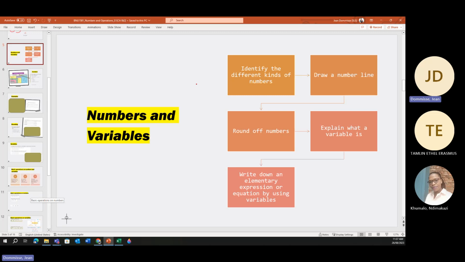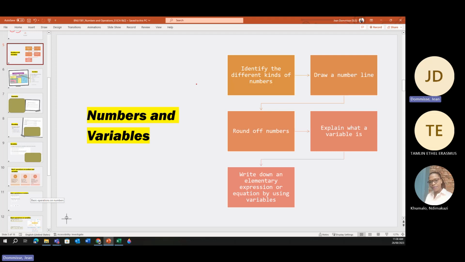What we're looking at under numbers and variables is a few things. We will need to identify the different kinds of numbers. On that, they might ask you a few things. We will look at drawing a timeline or number line. Again, just important, in the assignments or in the exam they can't really ask you to draw a timeline.